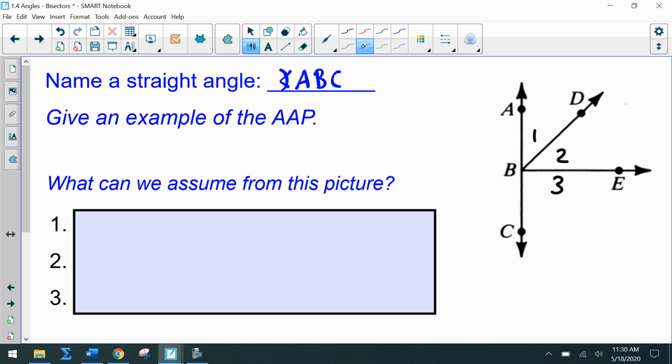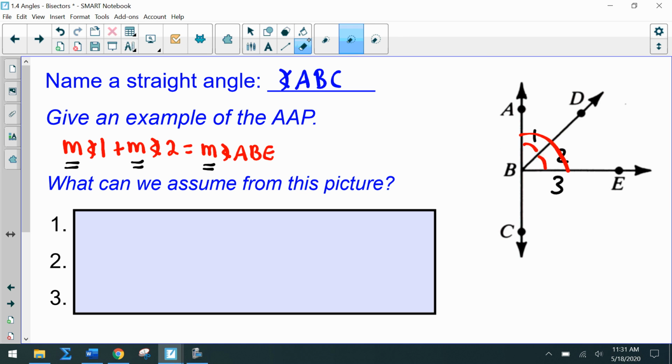Now, as an example of the angle addition postulate, there are many you could do here, but I'm going to say angle 1 plus angle 2 equals angle ABE. So the measure of angle 1 plus the measure of angle 2 equals the measure of angle ABE. I want you all to find another example of the angle addition postulate and write that down using this language. The notation with these Ms, the measures of, needs to be included when you're using the angle addition postulate. Just keep that in mind.